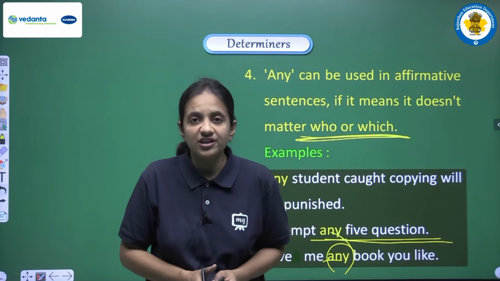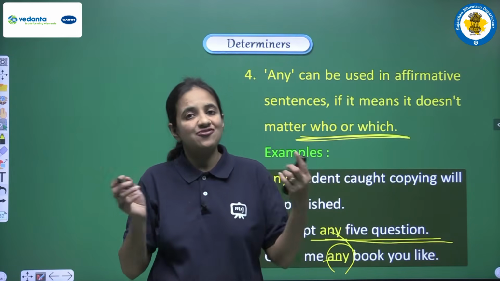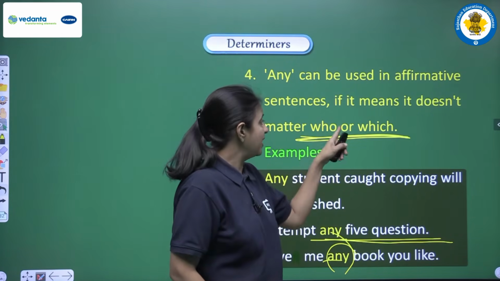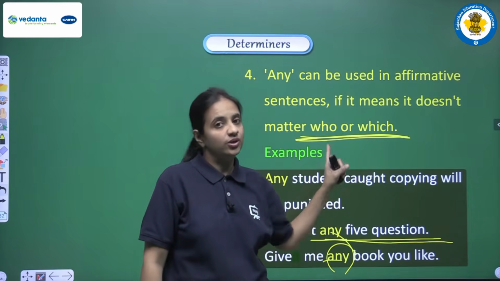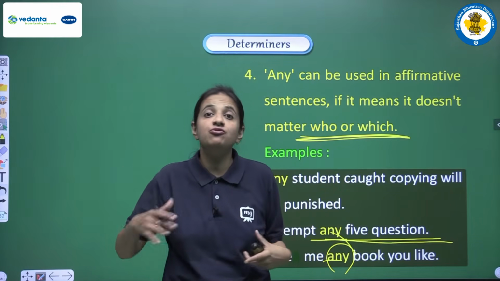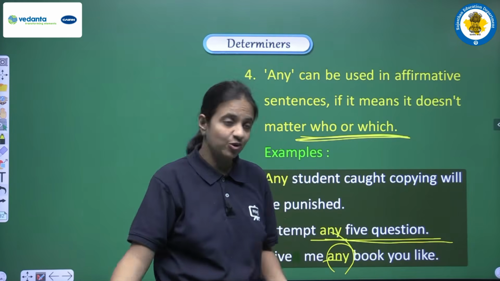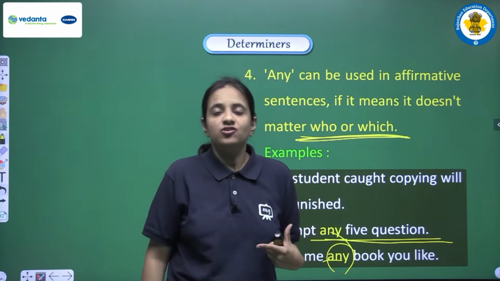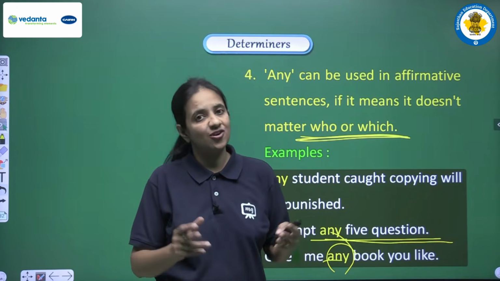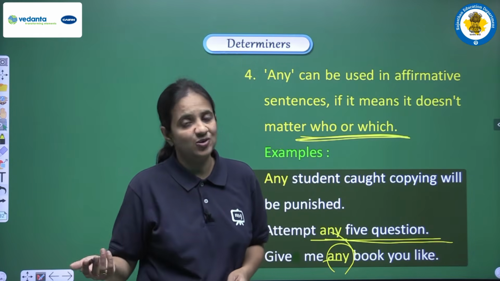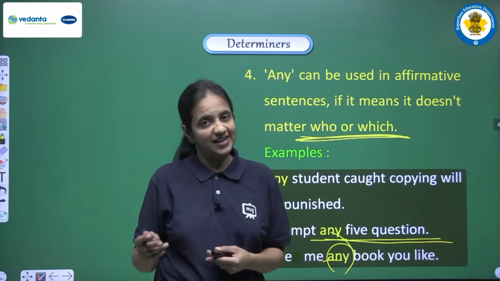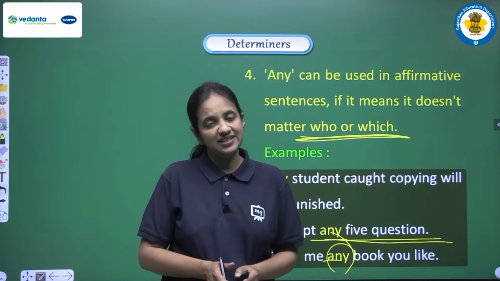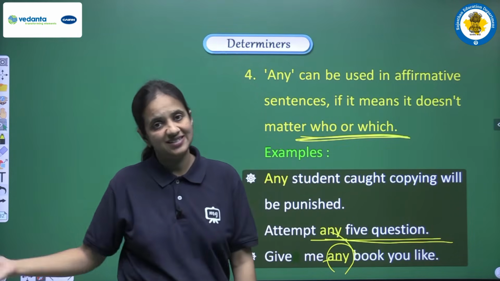If we are talking about a very general thing, if we are saying that it doesn't matter who or which, so here actually it doesn't matter which book, because we are saying any book. Also here it doesn't matter which student, because we are talking about all the students, we are talking about a very general thing. Okay, so in this sense also any can be used in affirmative sentences, in positive sentences.